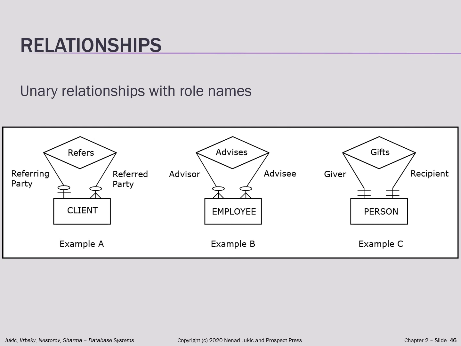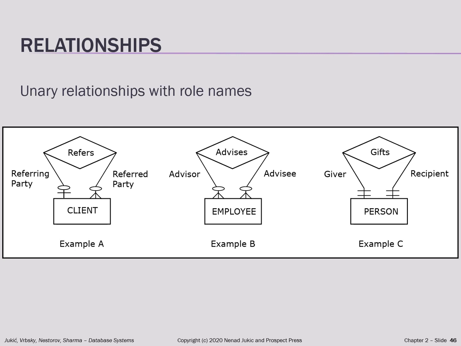Example A. Each client as a referring party refers between 0 and many clients who are referred parties. Each client as a referred party is referred by between 0 and 1 clients who are referring parties. Example B. Each employee as an advisor advises between 0 and many employees who are advisees.